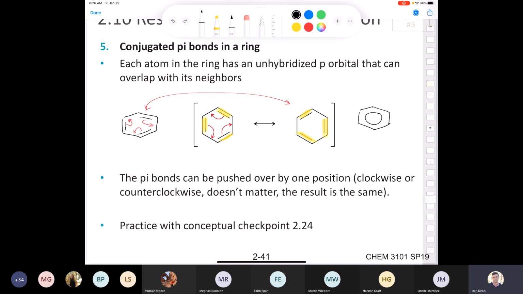We know that all those electrons in those 3 pi bonds are delocalized, so they can move around the ring, and we represent that with a circle. I won't use that a ton in organic chemistry 1 or 2, but if you peruse the internet, and a lot of my students like to look things up, you might see it there.